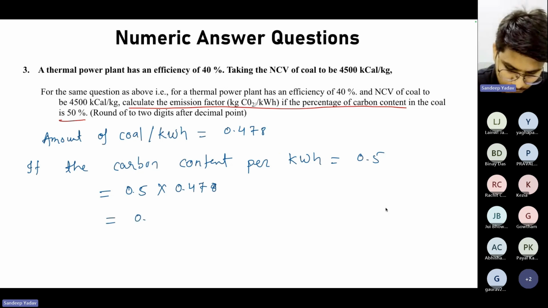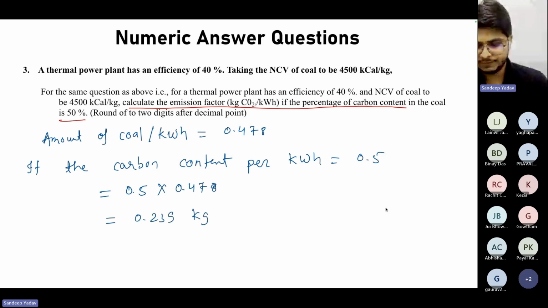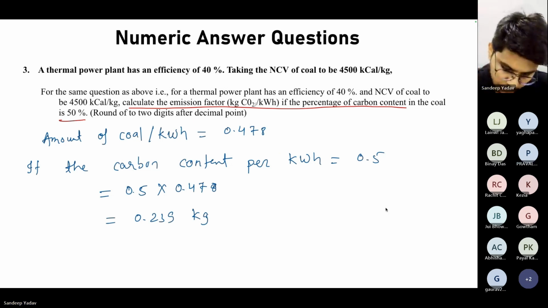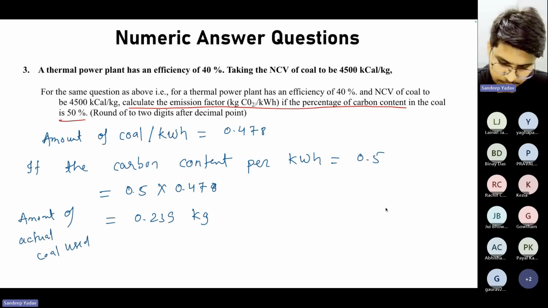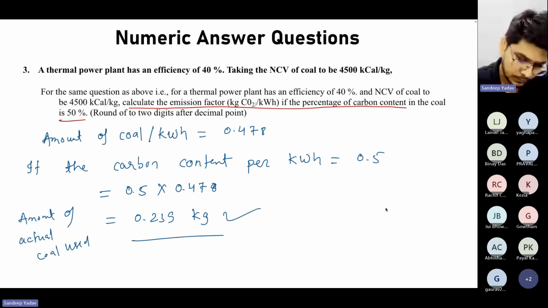That will give us 0.239 kg of carbon, as the carbon content is 50%. So this is the amount of actual carbon used.